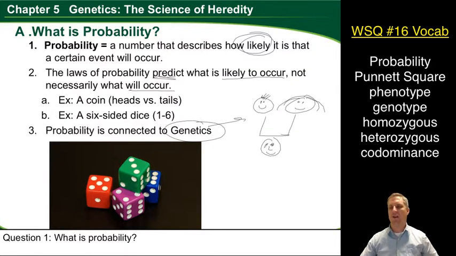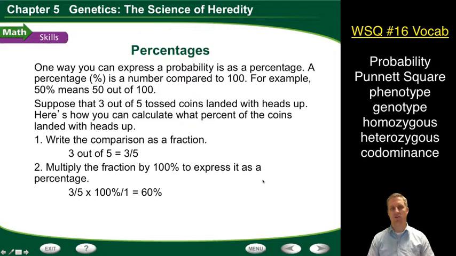There we go. There is a probability of certain traits getting passed down from dad and from mom to baby. That probability is important to understand, and we're just dealing with math. It's just genetic probability, the number that describes how likely it is a certain event will occur.